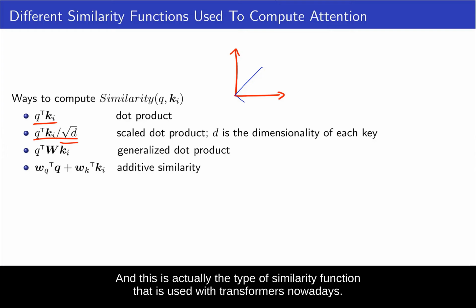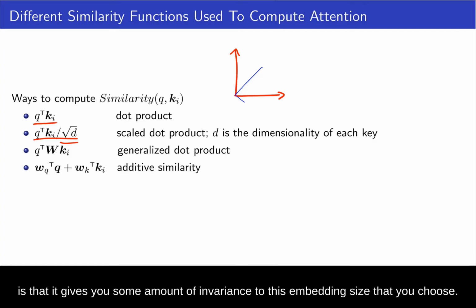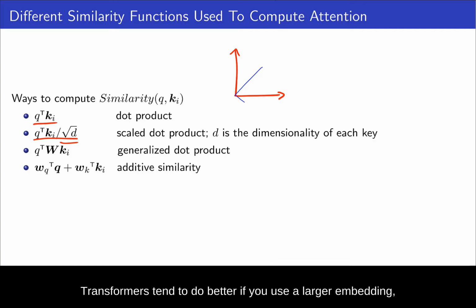And this is actually the type of similarity function that is used with transformers nowadays. The reason it's better than a standard dot product is that it gives you some amount of invariance to the embedding size that you choose.